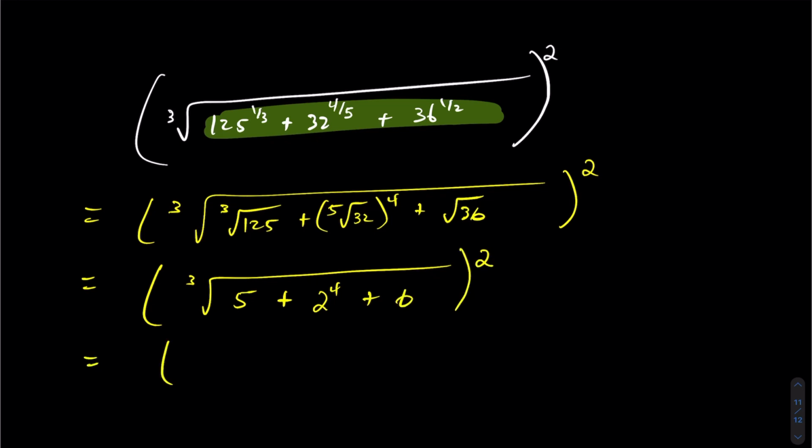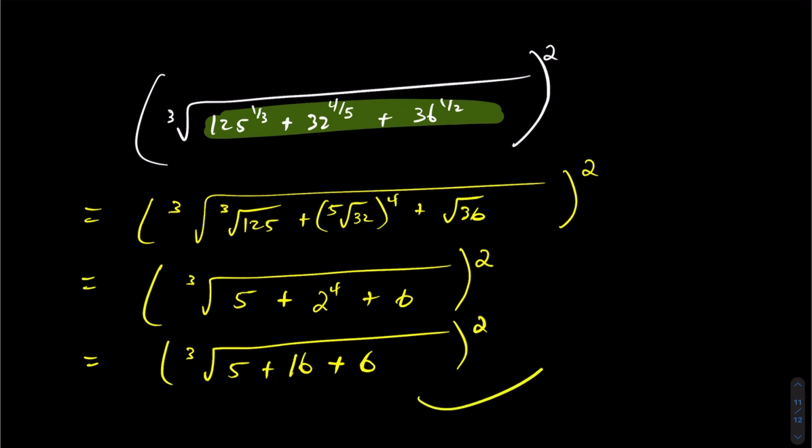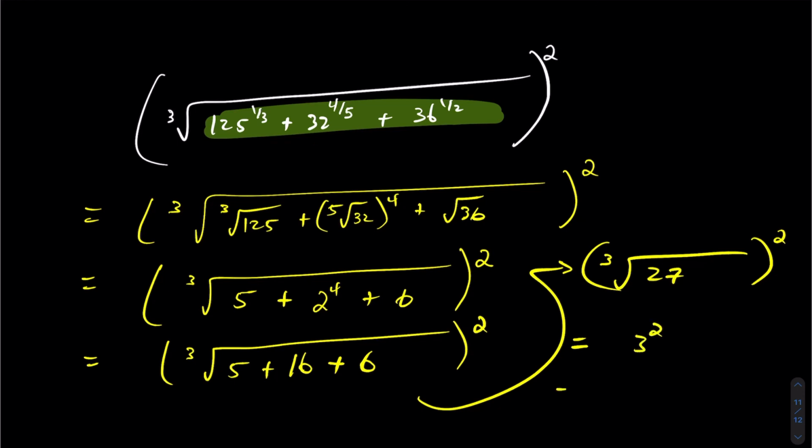Now again here, this is going to be the third root of what? We have 5 plus 2 to the power of 4 is 16, plus 6 squared. And continuing on here, we have the third root of 5 and 16 is 21. This is 27 squared. The third root of 27 is 3 squared. And lastly, the final answer here is 9.